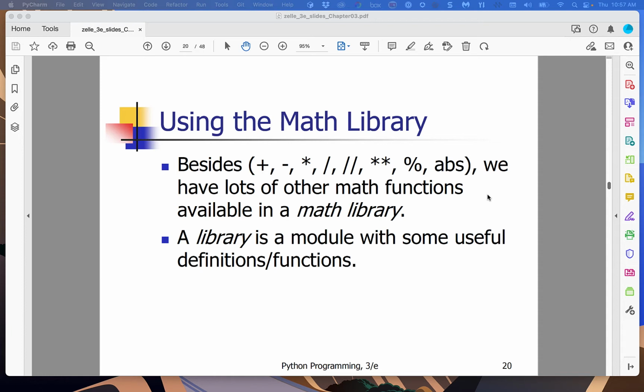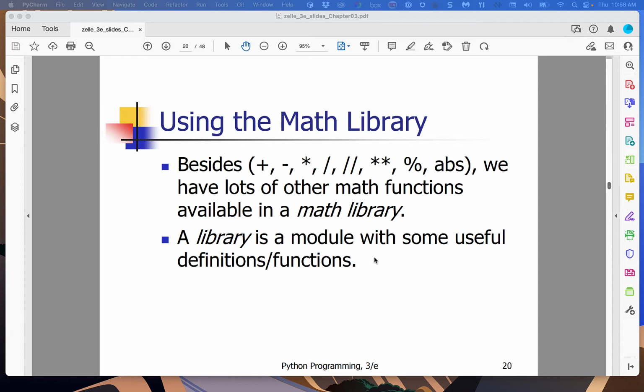Now, in addition to the math operators that are built in, including addition, subtraction, multiplication, float division, integer division, exponentiation, the modulo that gives you the remainder, and the absolute value, we have a lot of other math functions that are available in a math library.